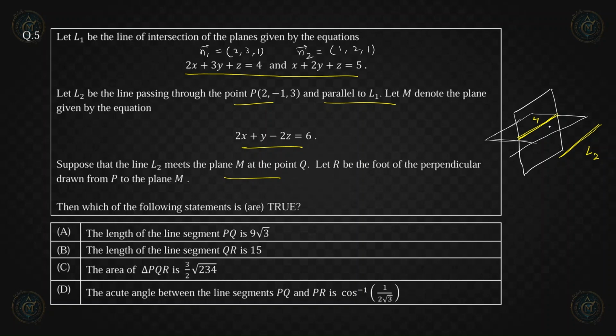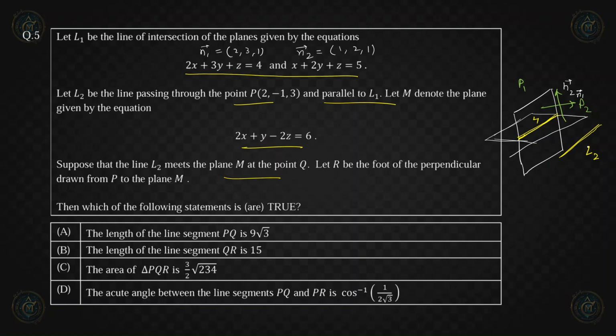The direction ratios will simply be the cross product of these two vectors n1 and n2, because plane 1 has this normal and plane 2 has this normal. Now this line is perpendicular to both n1 and n2, that means the direction along this line will be perpendicular to the vectors n1 and n2. So this is the concept.